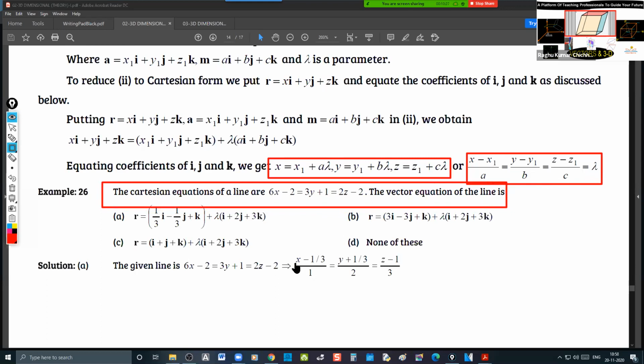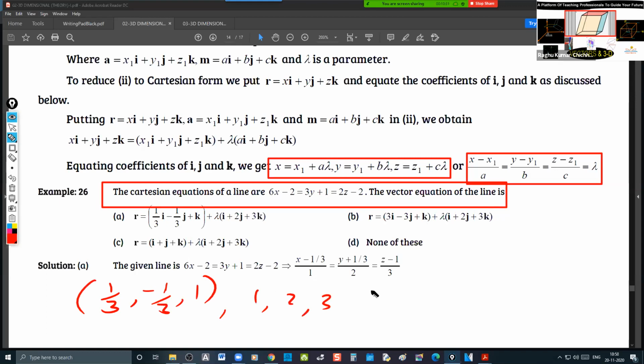This is converted to x minus 1 by 3 by 1, y plus 1 by 3 by 2 is equal to z minus 1 by 3. Now here, you have to observe the point through which the line passes is 1 by 3, minus 1 by 3, 1. If you observe the numerator, 1 by 3, minus 1 by 3, 1, and the DRs are 1, 2, 3.